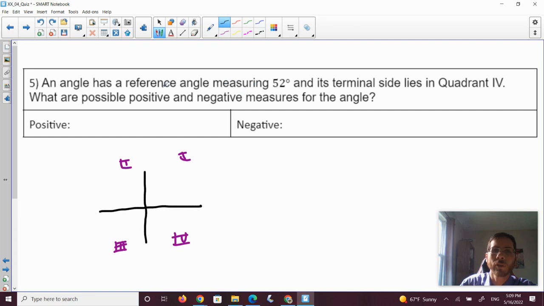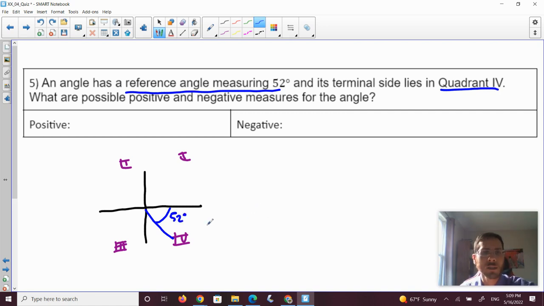So if we have a reference angle of 52 degrees and we're in quadrant 4, that means what we want to do is make an angle where, when we touch the horizontal, it is 52 degrees. So that's our idea. So our negative one is actually pretty easy because we can just start at 0 and then go backwards. So we can cycle backwards to go just negative 52.